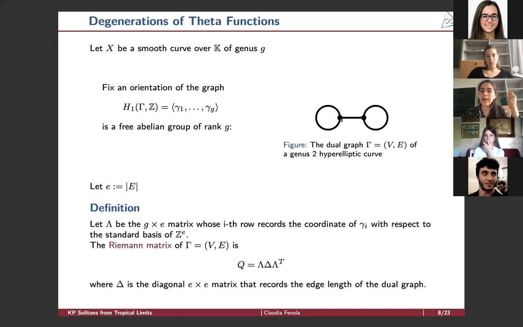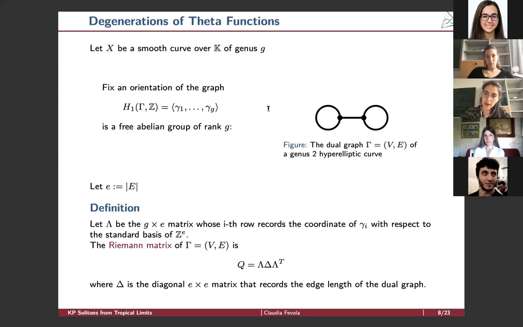Each vertex corresponds to a component of the curve, we have an edge between two vertices anytime two components intersect, and we have a loop at a vertex anytime the component has a node. For example, this is the graph corresponding to two components that intersect in one point.